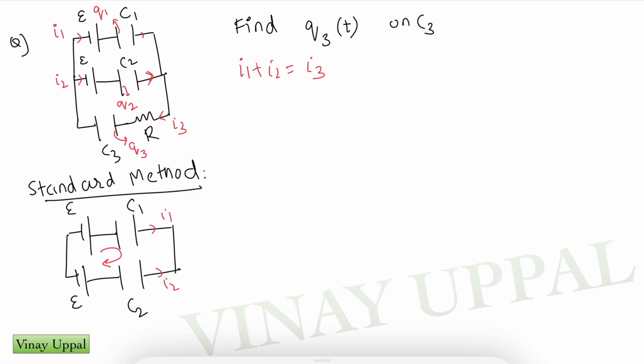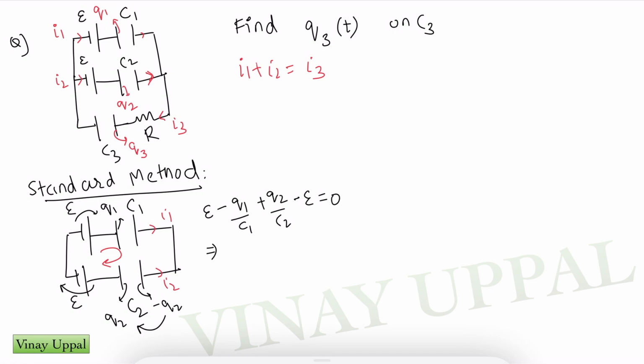As I go across the upper battery, I'll have EMF E, and then I have charge Q1 here, so potential will drop by Q1 by C1. This is Q2, minus Q2. Now I'm going from minus Q2 to plus Q2 across C2, so the potential will increase. And then I go from the higher potential to the lower potential of the lower battery, so that will be minus E, which should be 0. So I have just written the loop law here.